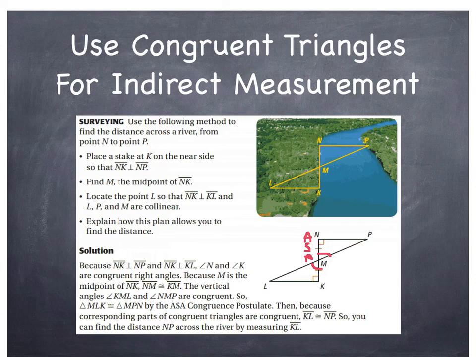Then, because of our friendly new acronym that we just learned, corresponding parts of congruent triangles are congruent, we know that NP, the distance across the river, is going to be the same as that distance that we can now measure on land, namely KL.